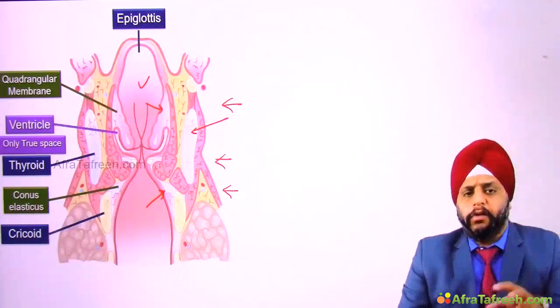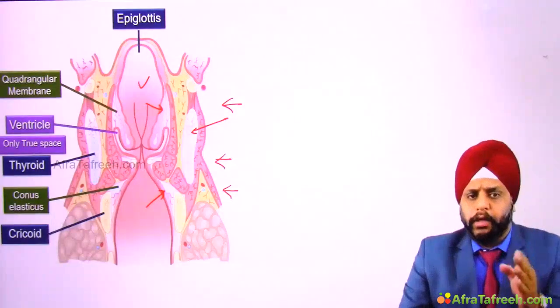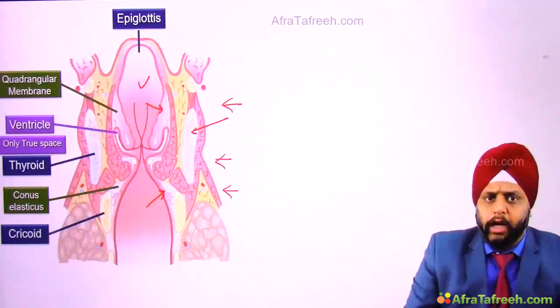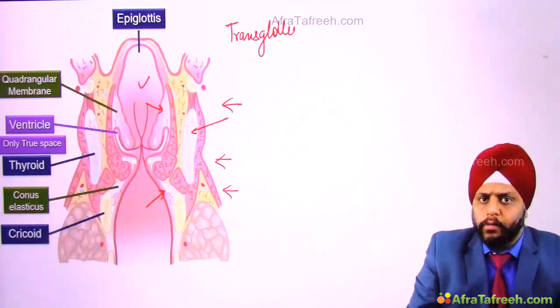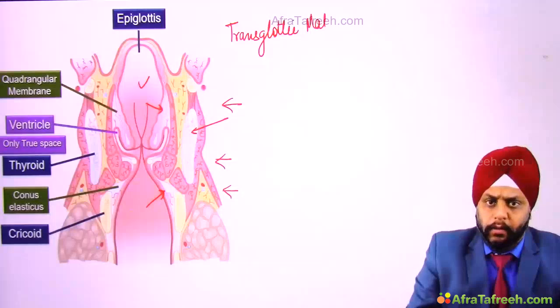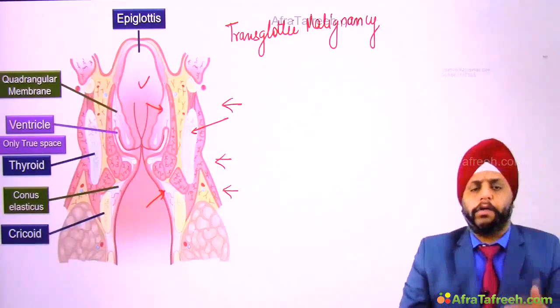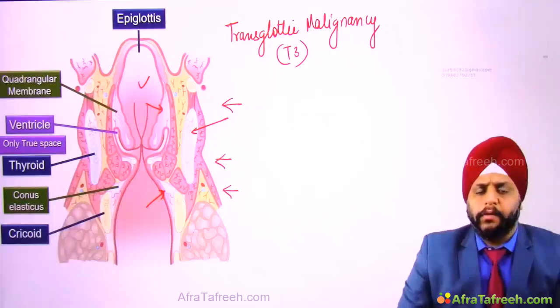So, if the malignancy goes inside, then that malignancy will be considered to be involving all three parts of the larynx. So, that malignancy will be known as transglottic malignancy.